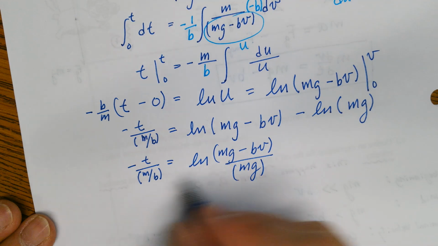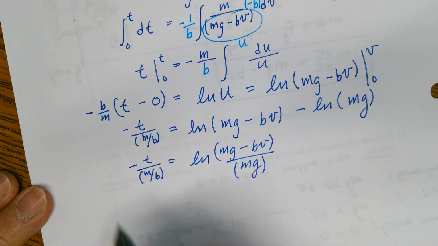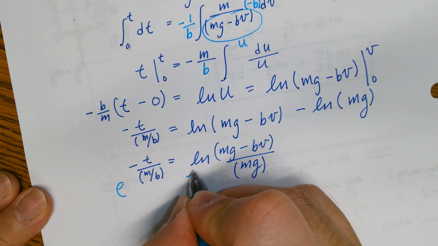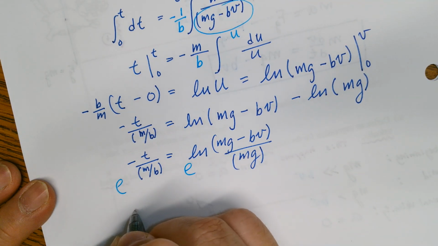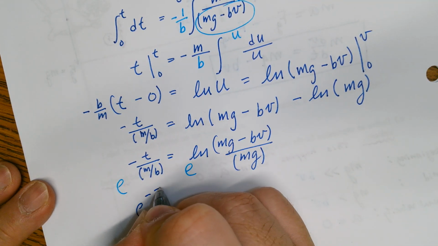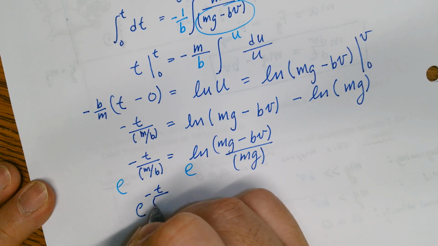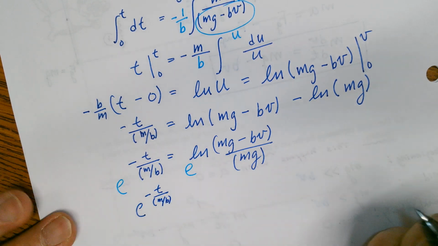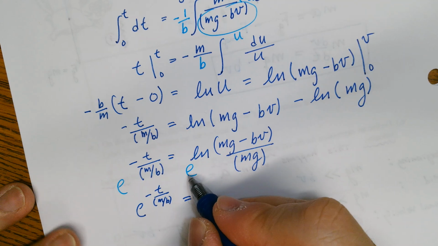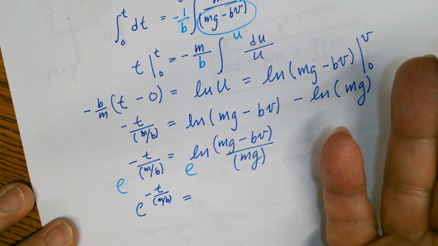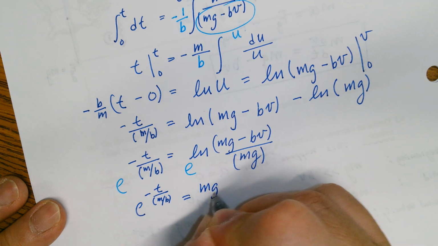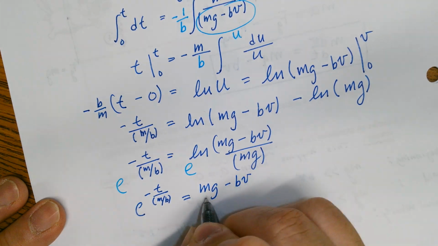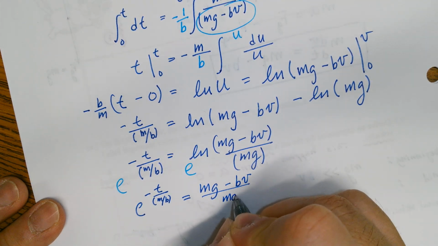Now I will take e to both sides. On this side I get e to the negative t over (m over b), and the ln goes away, so I get simply (mg minus bv) over mg.